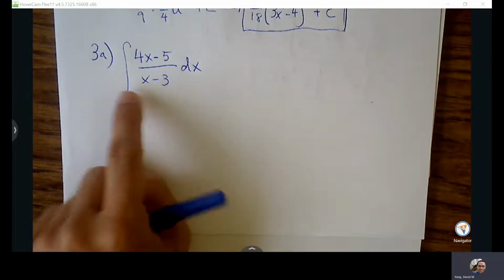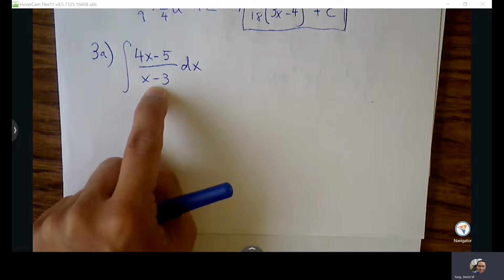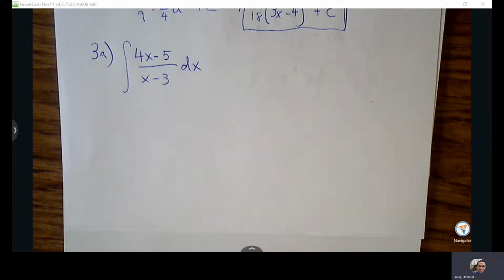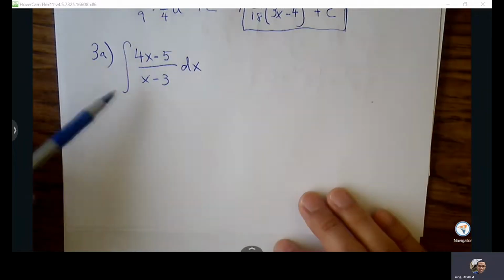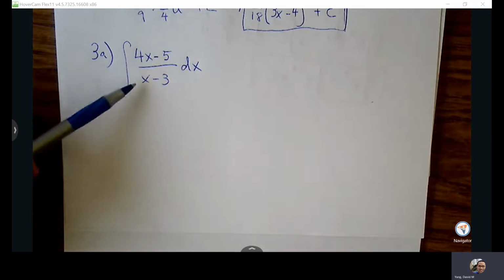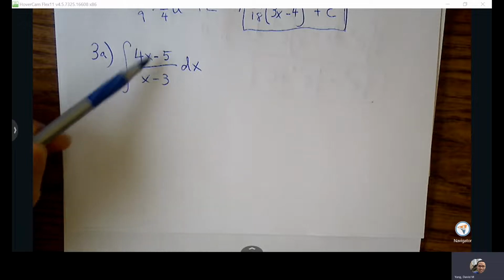If we look at u substitution, if we let the u value be either the denominator or the numerator, the degree is not high enough for us to get that to occur. So you see that the degree is not favorable for u substitution, but the denominator and numerator are the same degree.